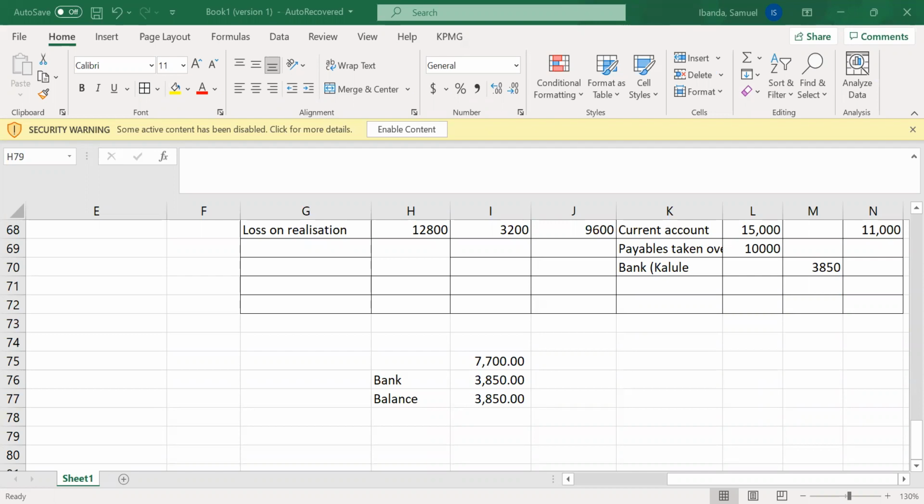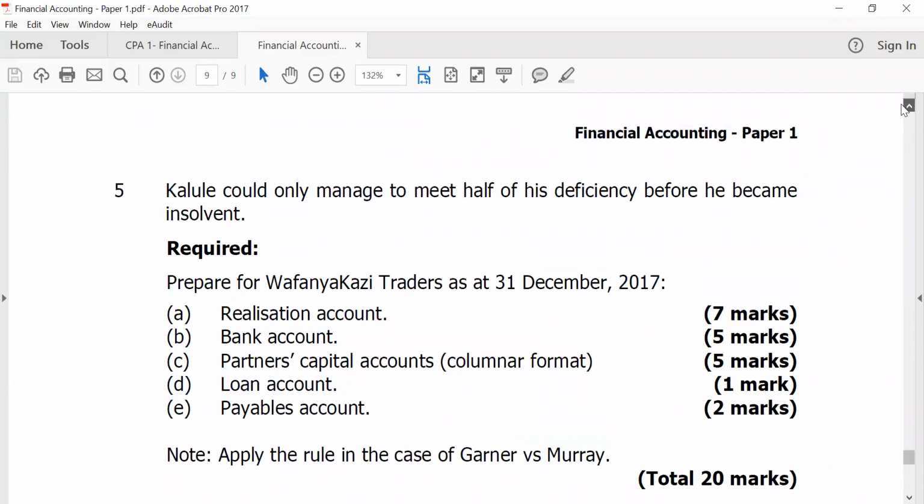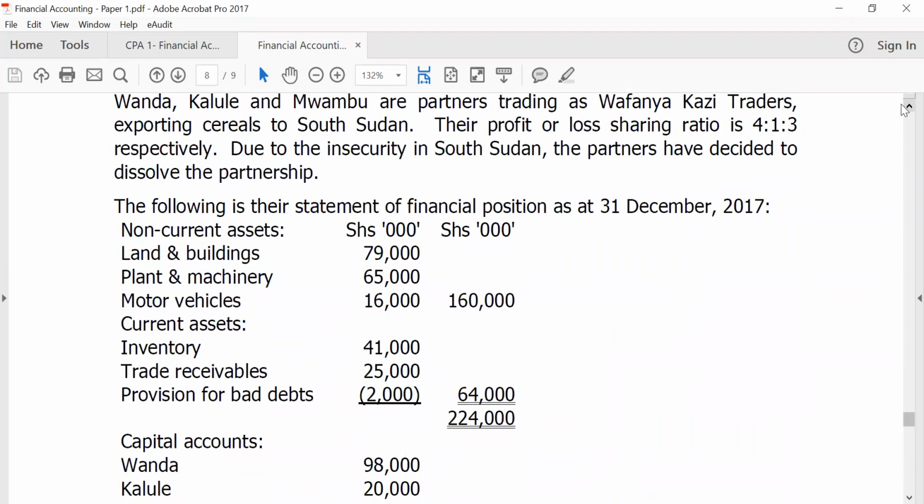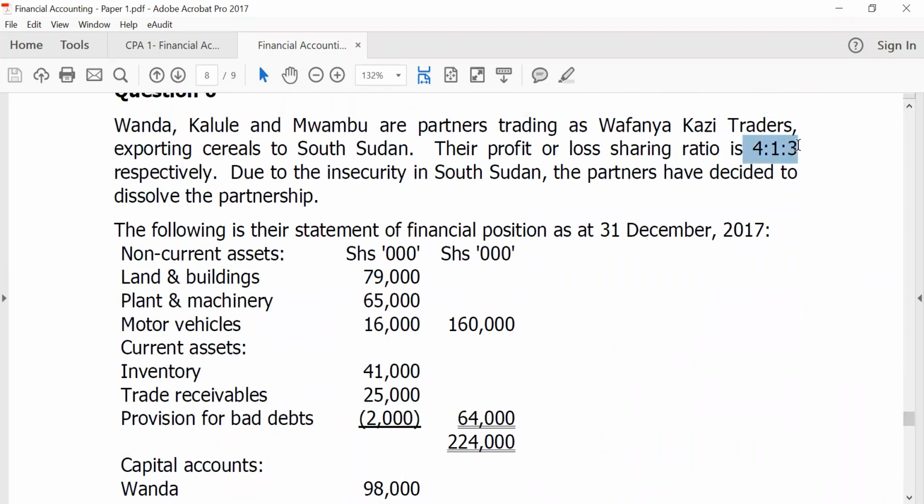One of the things that you get to realize is when you look back to the question paper here, they gave us this profit sharing ratio. But this profit sharing ratio is for the partners as they are, okay?